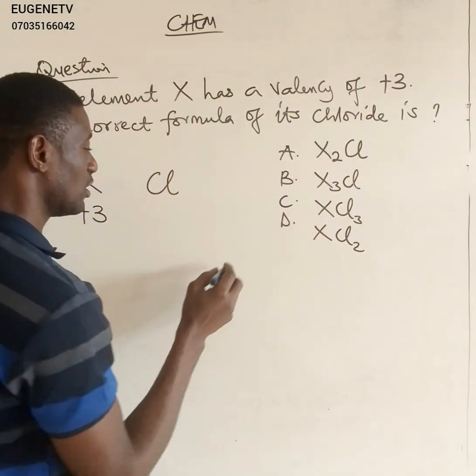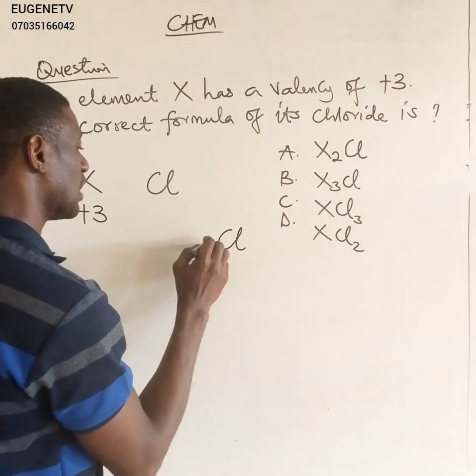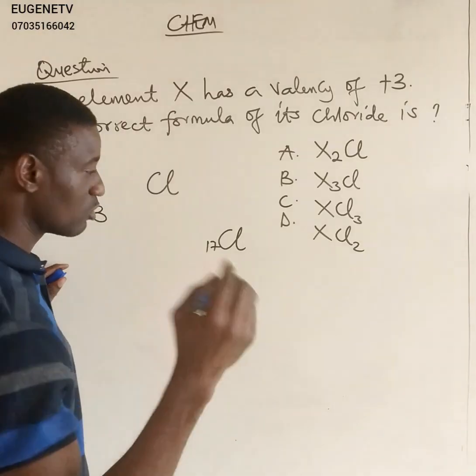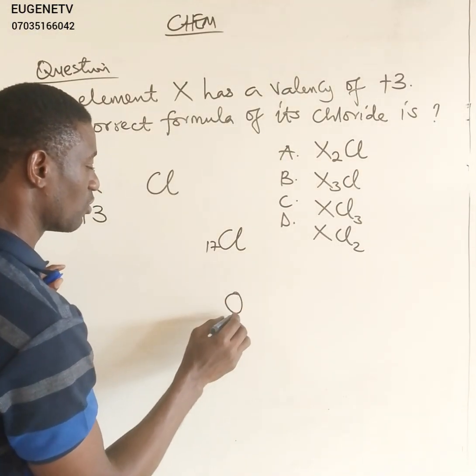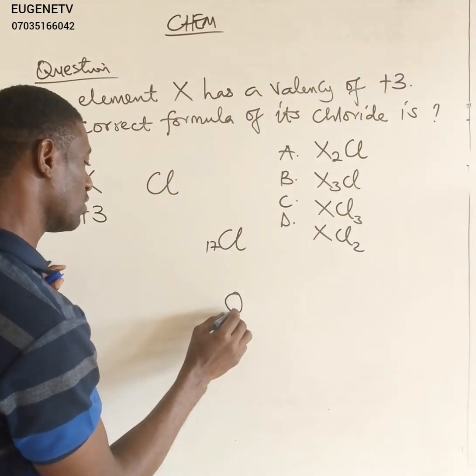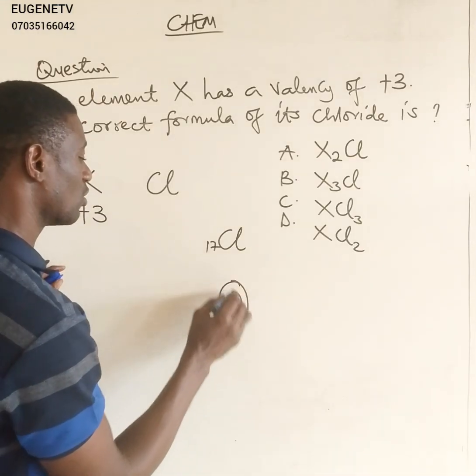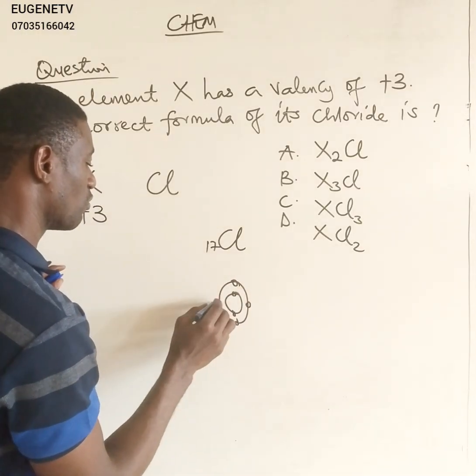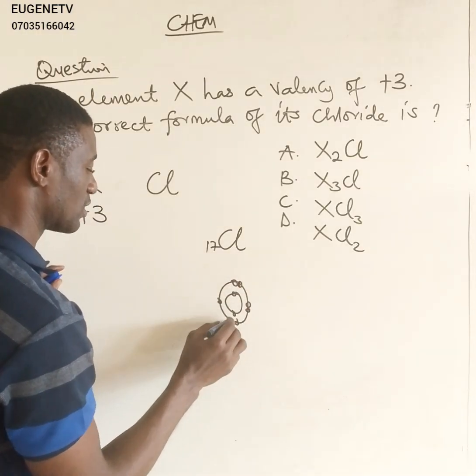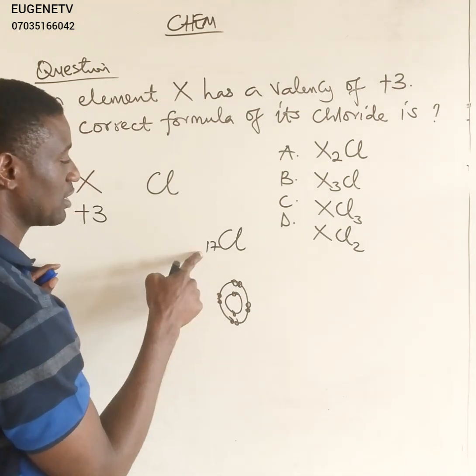Let me draw the diagram. Chlorine has atomic number 17. So if you want to draw the structure, the first shell of chlorine should carry 1, 2. The second shell 1, 2, 3, 4, 5, 6, 7, 8. These are 10 electrons, remaining 7.